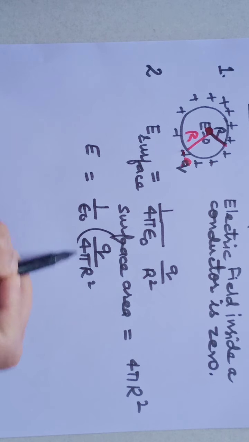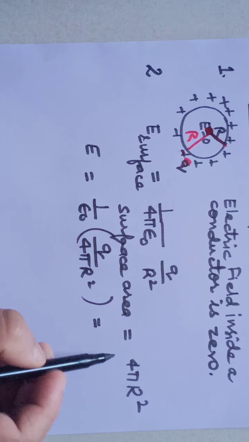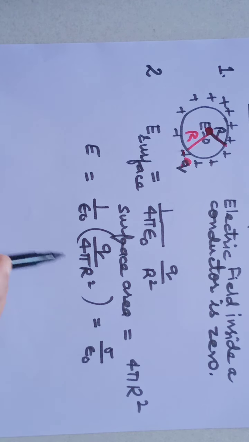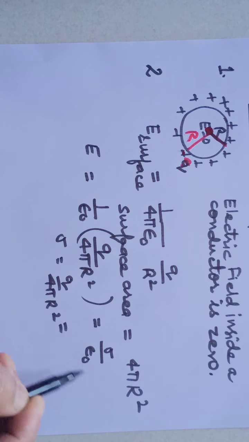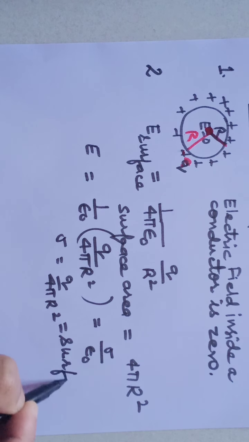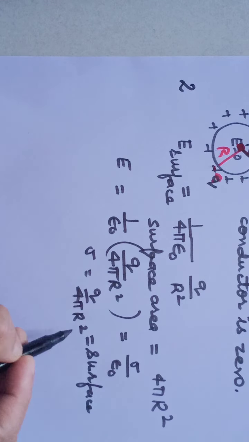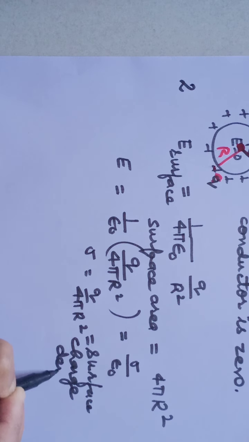Now this is charge upon surface area, and it is nothing but the surface charge density. Q upon 4 pi capital R square is surface charge density.